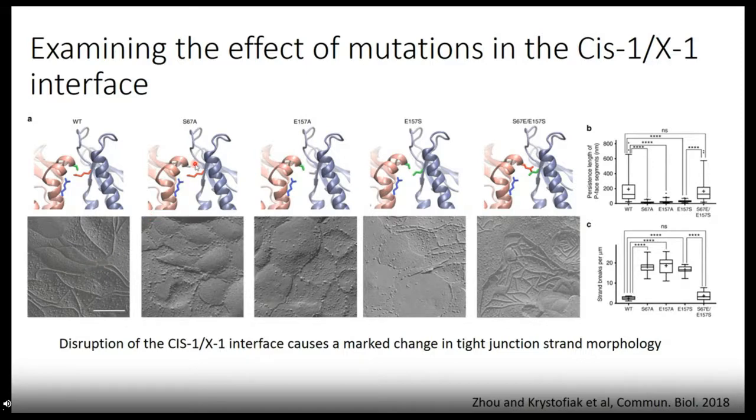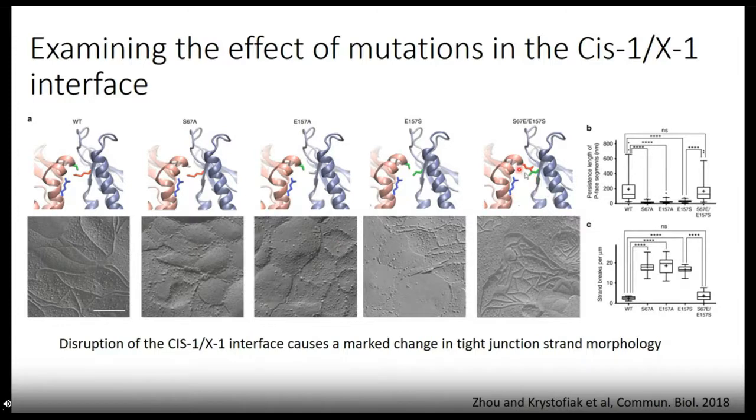If we mutate that serine to an alanine, we end up going from these nice continuous strands in the P phase to a broken strand morphology that mixes between the P phase and E phase. Similarly, when we mutate the glutamic acid, we also get a broken morphology. And this is probably the most interesting part of the study.